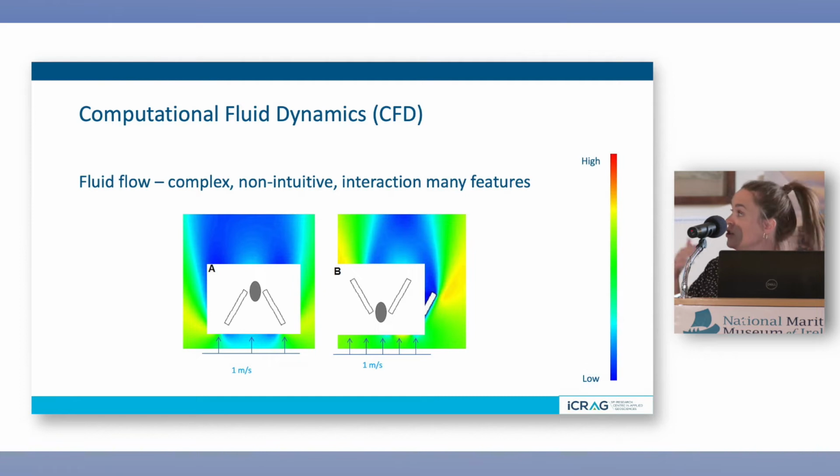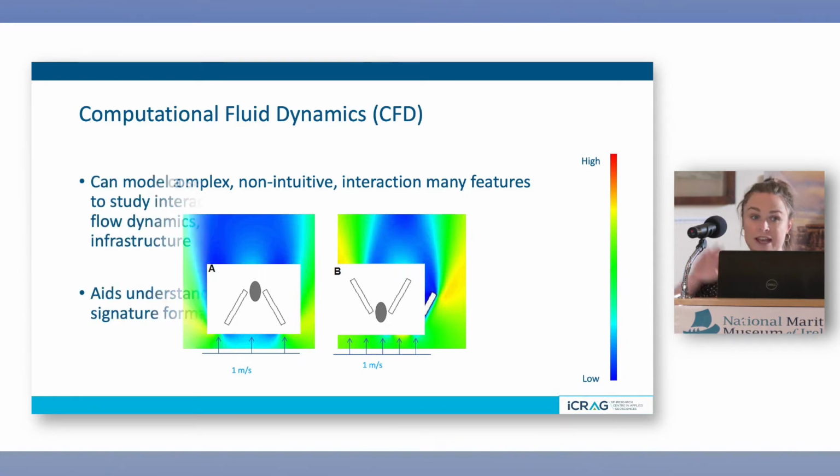And this is the non-intuitive part, is that it won't. We'll get really high flow speeds in that red area on the left and much, much lower on the right. And this isn't intuitive, and this highlights the importance of looking at this dynamic fluid modeling.